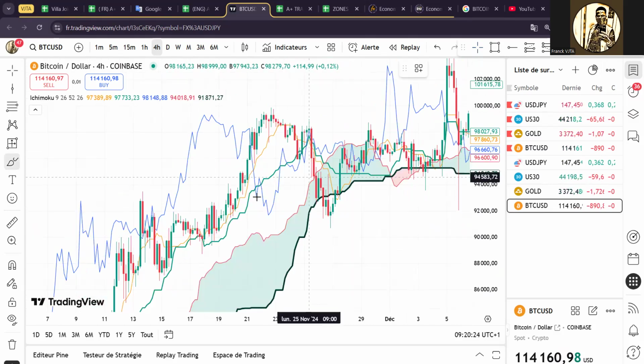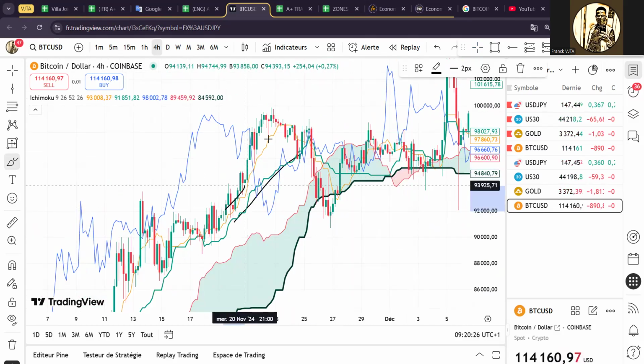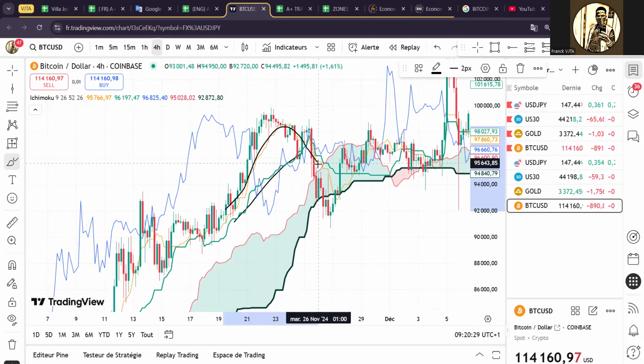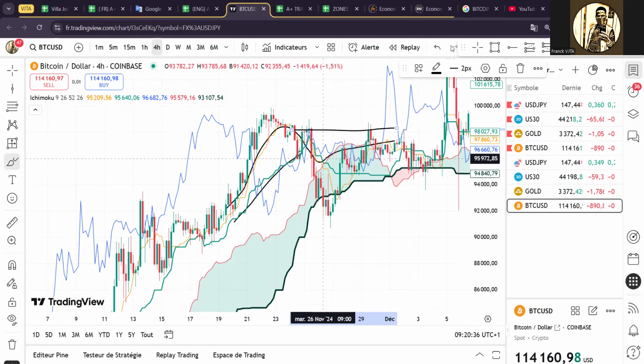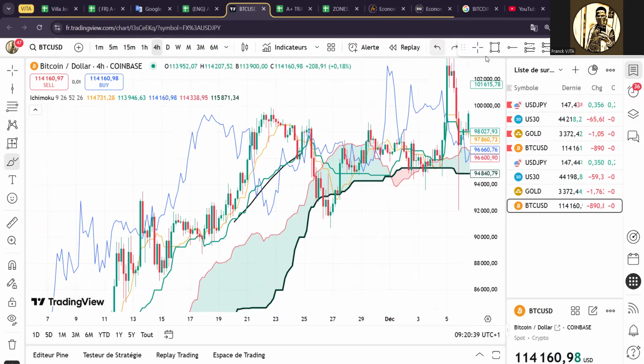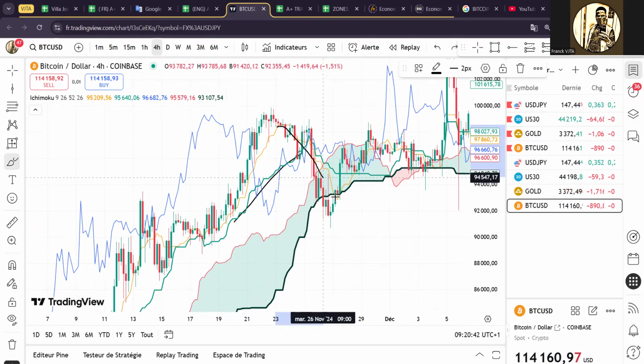Tenkan and Kijun were going to the upside, right? Then Tenkan went below Kijun. It just went below Kijun and started stopping just around SSA above the cloud. But what happened is that it went below Kijun and then went till Tenkan touches Kijun, touches SSB.